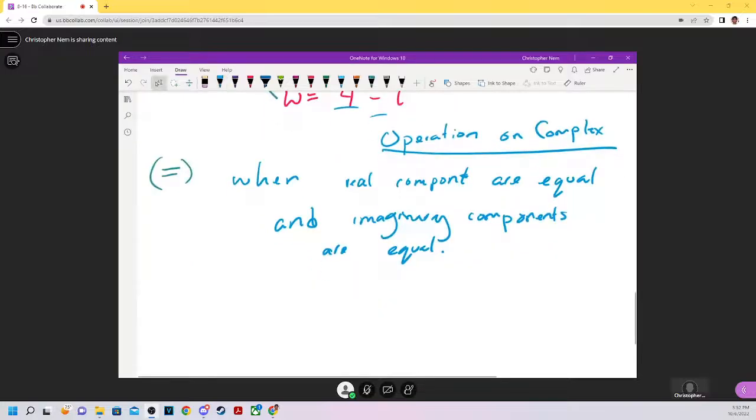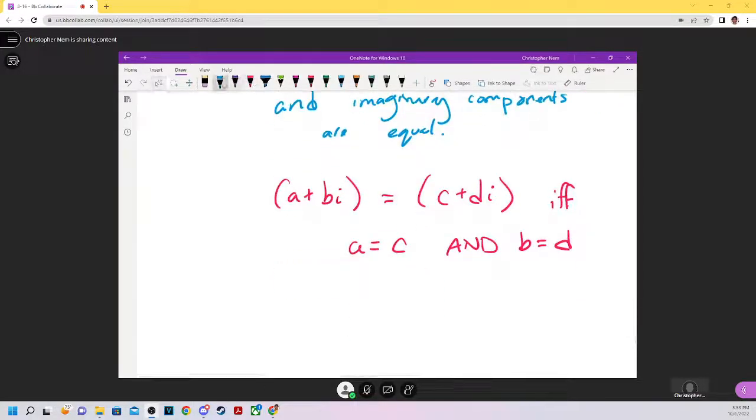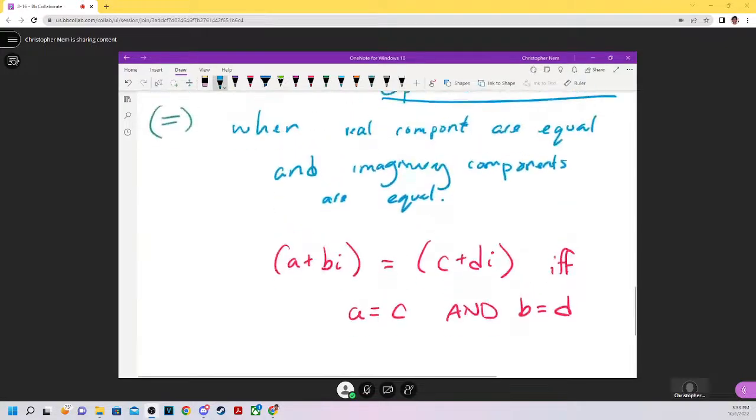That means if I have a complex number a plus bi, and another complex number c plus di, they're equal if and only if a is equal to c and b is equal to d. That is the only time they're equal. You need both of these to be satisfied. All right, that covers equality, so that's intuitive.